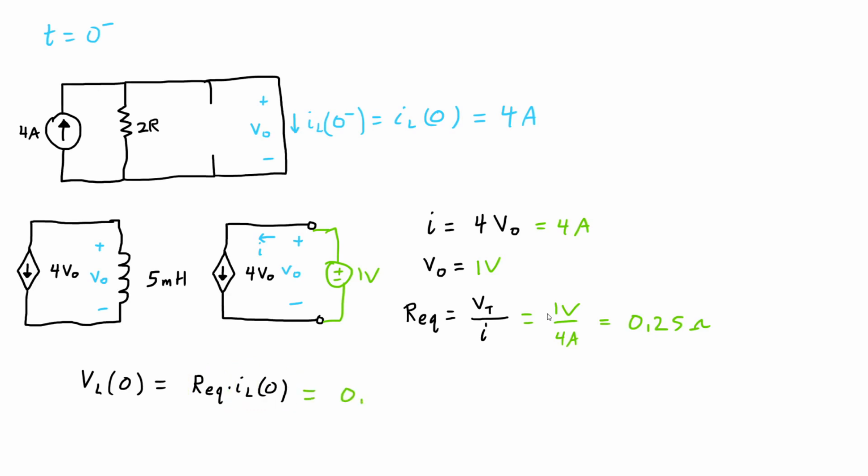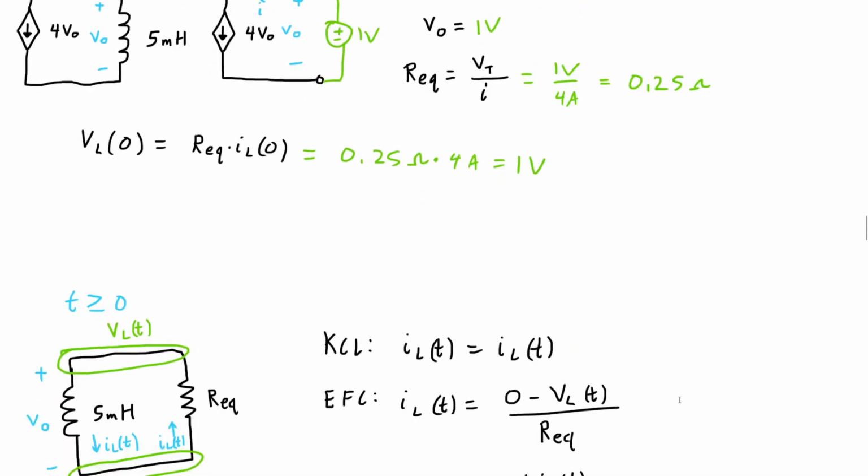So 0.25 ohms times 4 amps equals 1 volt. So VL0 minus and VL0 is 1 volt.